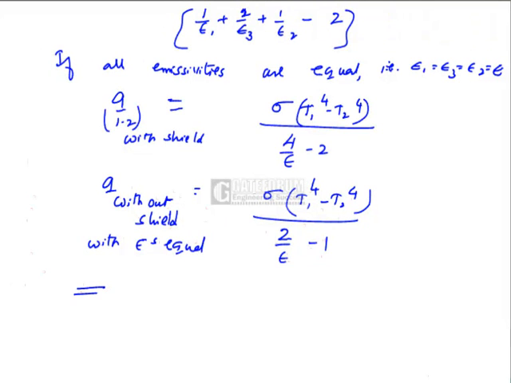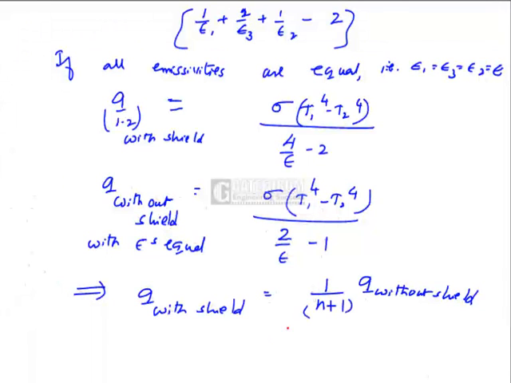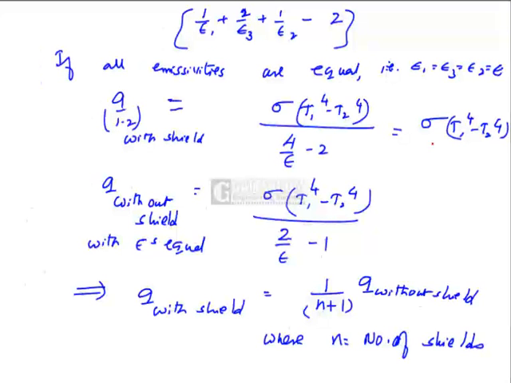Comparing the above equations, we get Q with the shield is equal to 1 by (n plus 1) into Q without shield, where n is equal to the number of shields, because this can be written as 2 into (2 by epsilon minus 1).